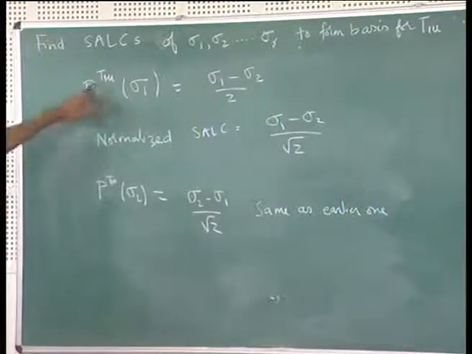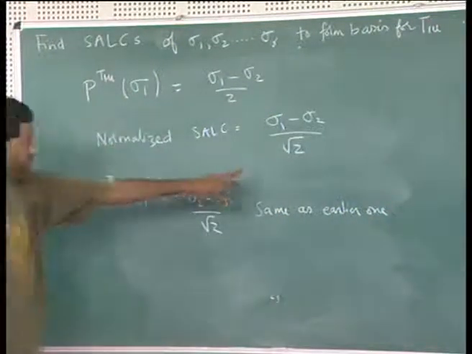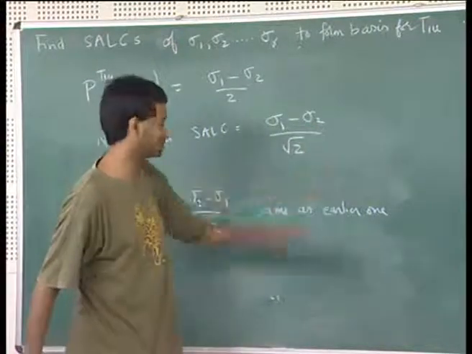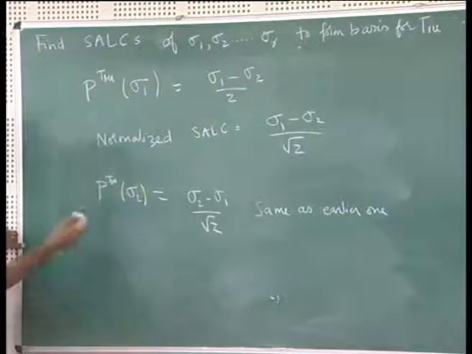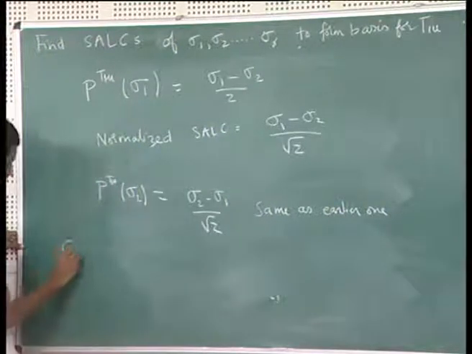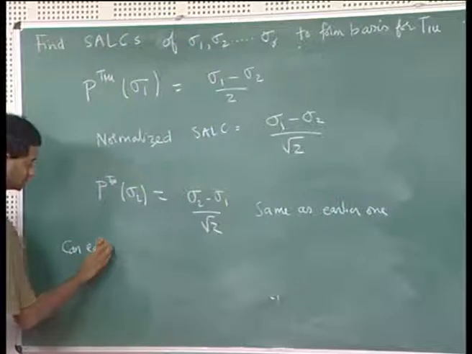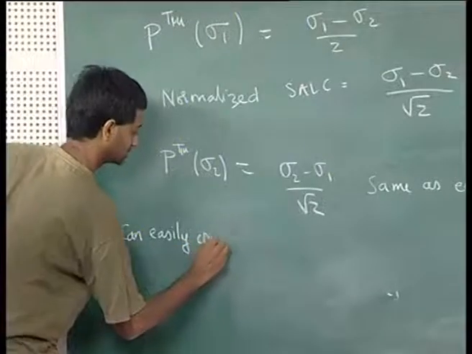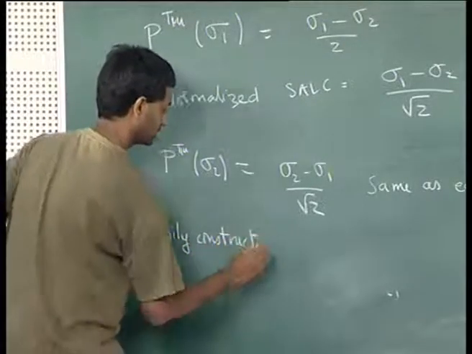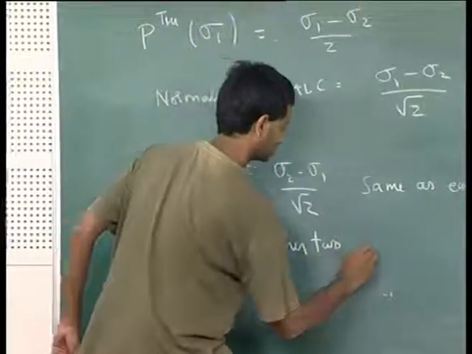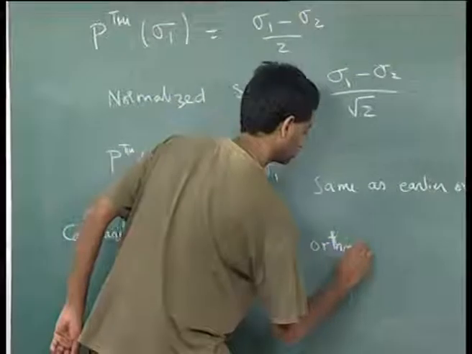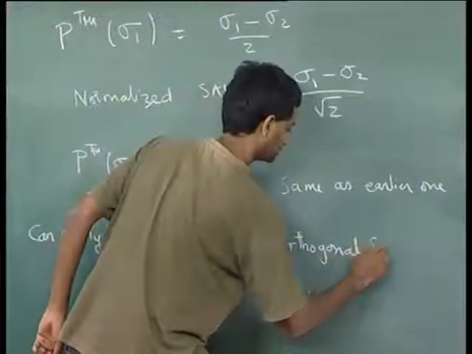So sigma 1 and sigma 2 combine to give you this symmetry adapted linear combination, and you can easily construct the other two orthogonal SALCs.